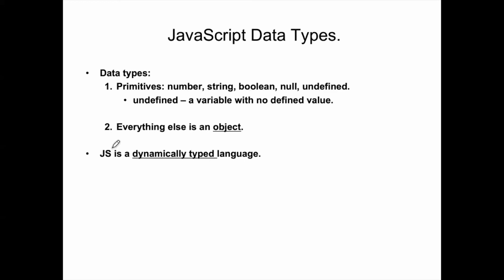So a lot of people don't like this dynamic typing that is built into JavaScript. You may be aware of TypeScript. TypeScript is a new language from Microsoft, really, which essentially tries to bring the static data typing that you get in Java into the JavaScript language. We won't be looking at TypeScript though.